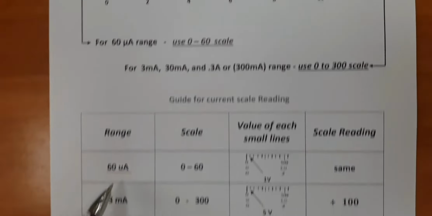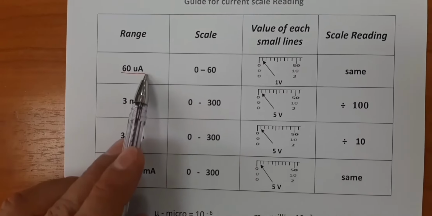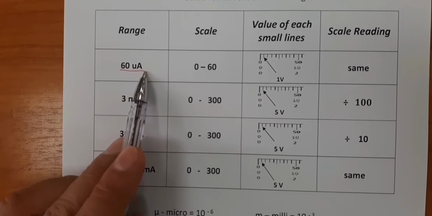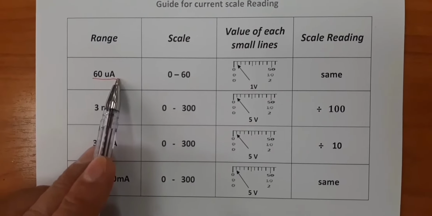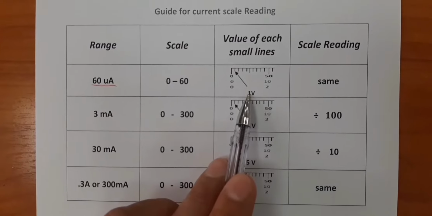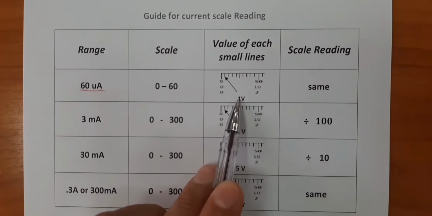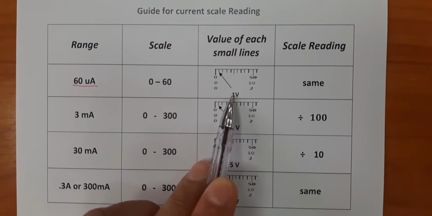So we have the range of 60 microampere. The counting is by 1, and the reading is the same as the scale reading.